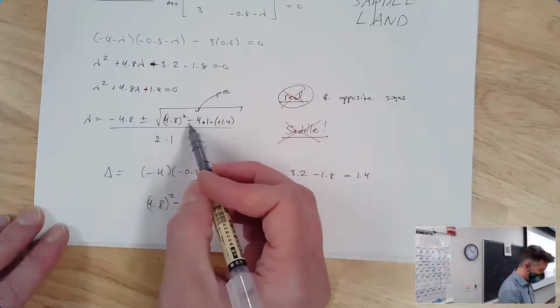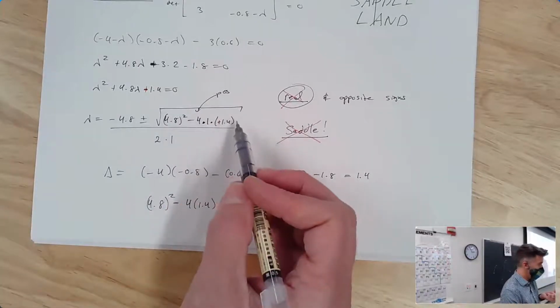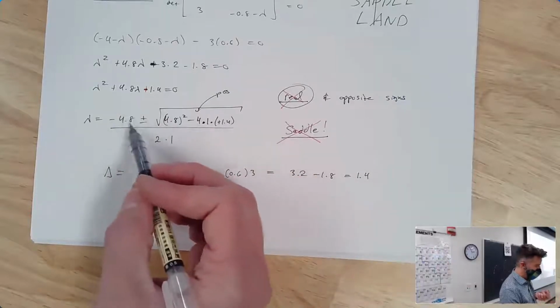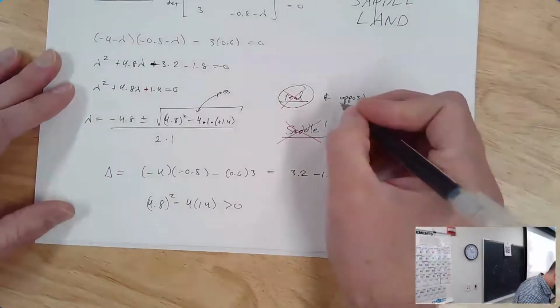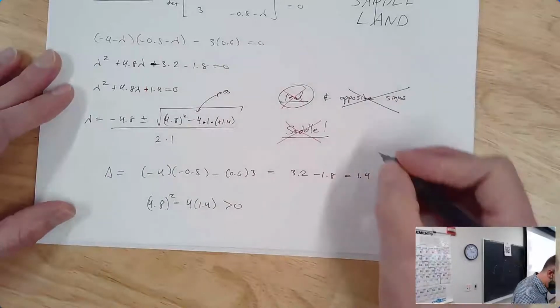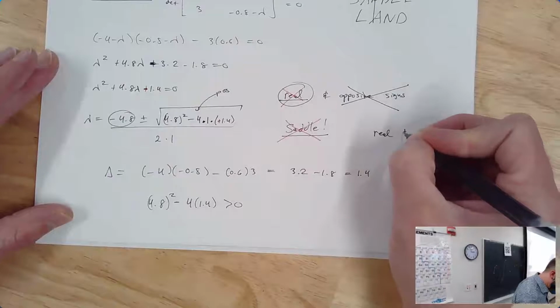Right? 4.8 squared minus some stuff is going to be less than 4.8 when you take the square root of it. So you've got -4.8 plus or minus something that's smaller than 4.8, meaning -4.8 minus it is negative, and -4.8 plus it is still negative, meaning they are not opposite signs. They're actually real and both negative.